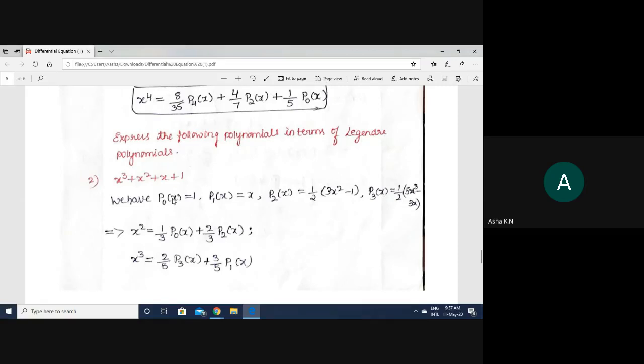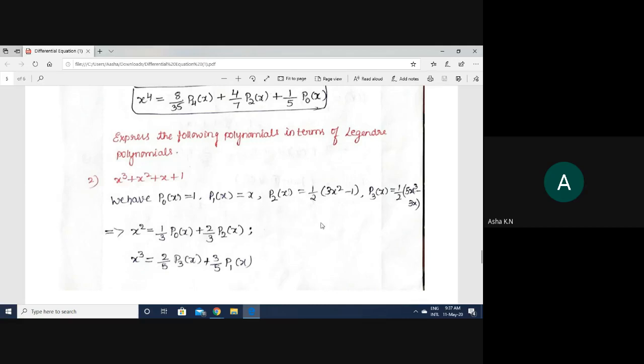You should write the expressions for P0, P1, P2 of x, P3 of x. P4 is not required here because it is a polynomial of degree 3. So P3 is enough.